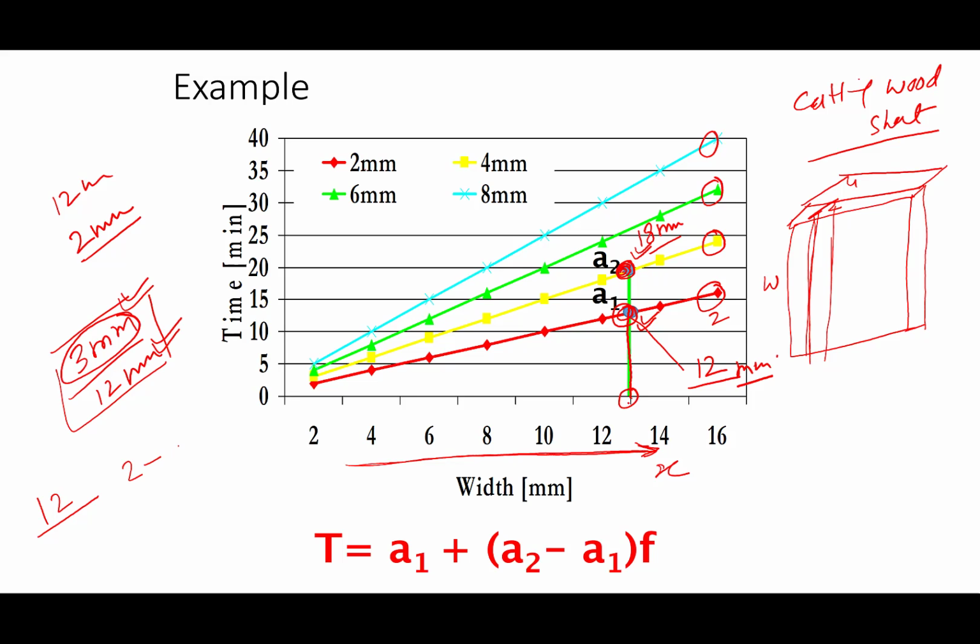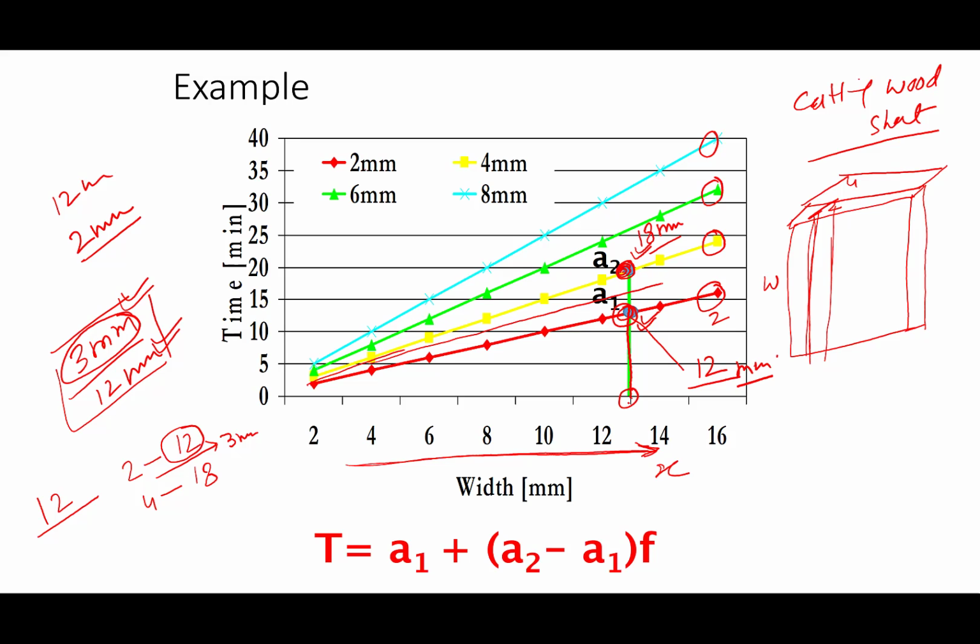For the 2 mm thick sheet it is 12 minutes, and for the 4 mm thick sheet it is 18 minutes. The time for cutting the 3 mm sheet will be greater than 12 minutes, somewhere here, but we don't have the exact data.